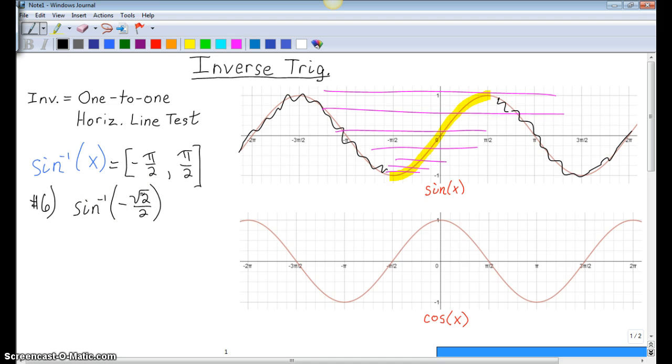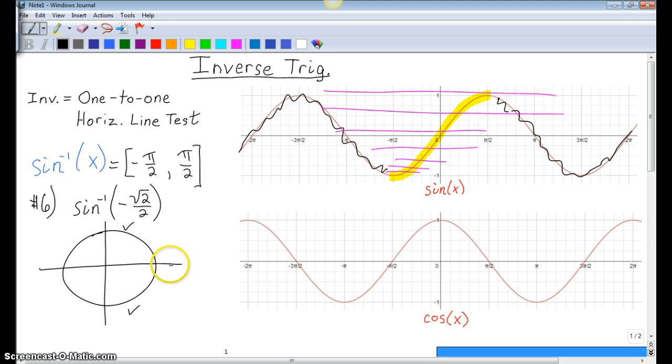If you look at this on our unit circle, in general, square root 2 over 2 always goes with some form of pi over 4. So I'm just going to draw a really quick unit circle here. Again, sine inverse, we're only working in quadrants 1 and 4.